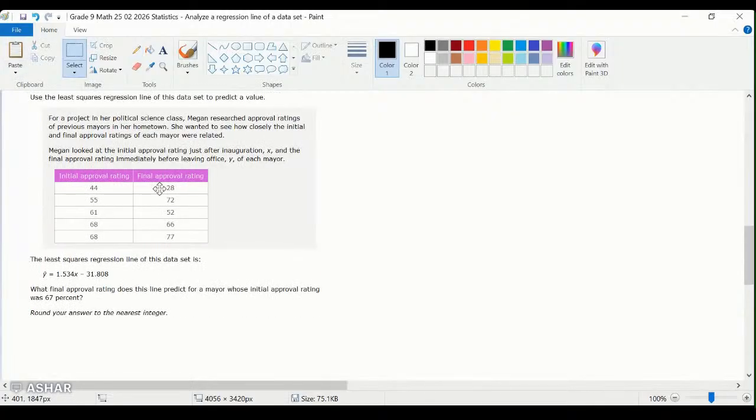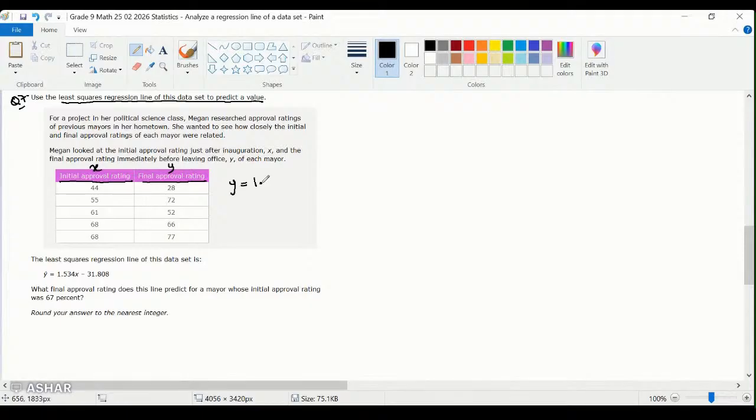Question number 7, it says use the least square regression to predict a value such that for a final project in a political science class, the initial approval ratings were labeled as X, final approval ratings were labeled as Y. The equation given to us was Y is equals to 1.534X minus 31.808, where the slope is given as this and the intercept is given as this.